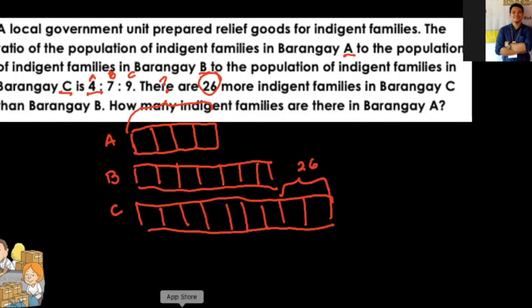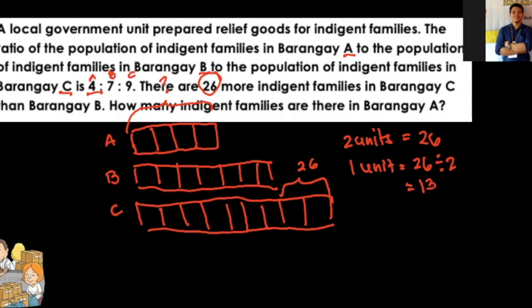So for us to get 1 unit, we will just have the 26 here. So we know that 2 units is equal to 26. To get 1 unit, that's just 26 divided by 2. So it's equal to 13, which means 1 unit here for everyone is equal to 13. Okay, for all.